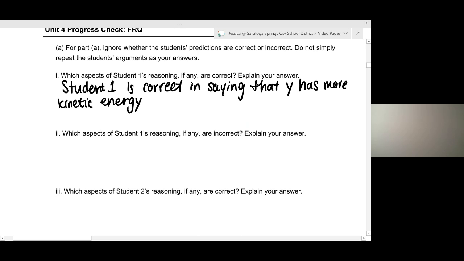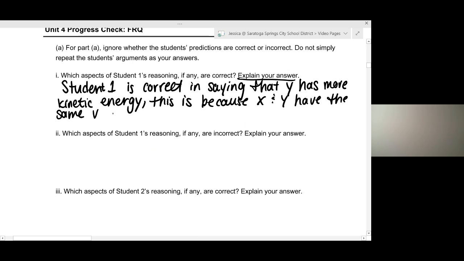Now I have to explain my answer. This is because X and Y have the same velocity, but Y has more mass, and kinetic energy is 1/2 mv squared.